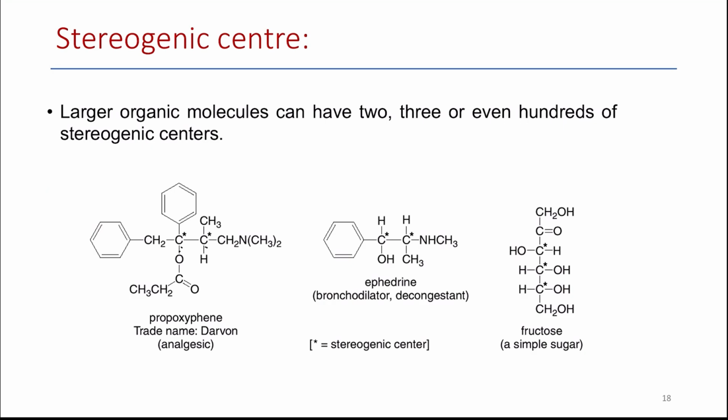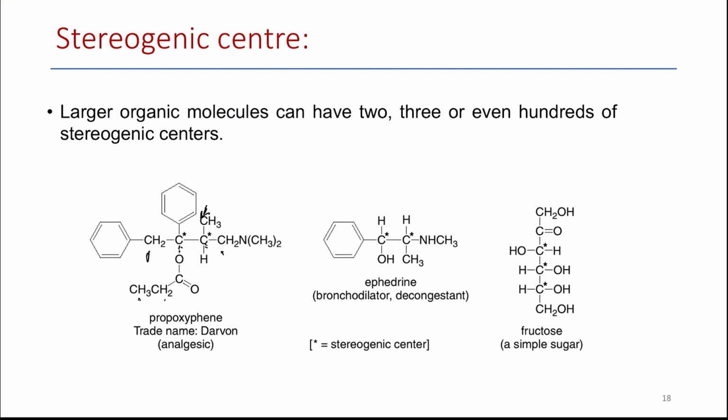So how many of these do we have? We have this carbon, this second one, and the third one. We have a fourth one, five, and six. And there is a seventh as well. So we have seven carbons here, which are all tetrahedral.